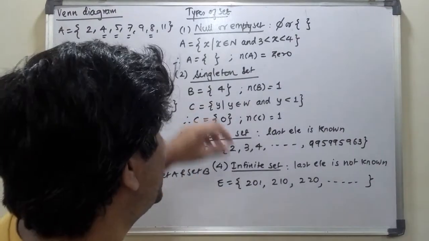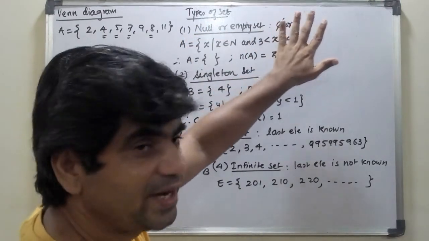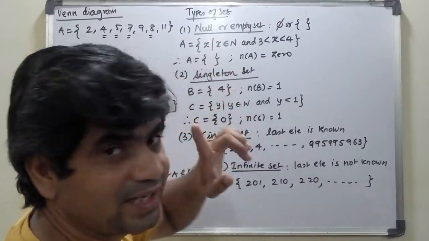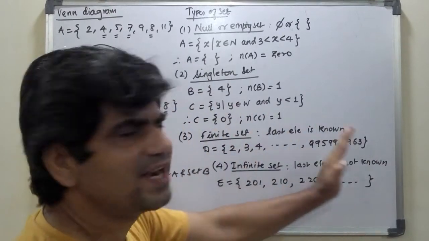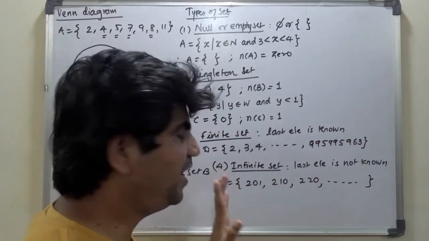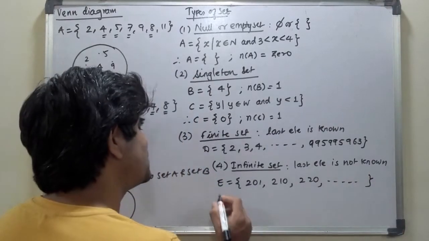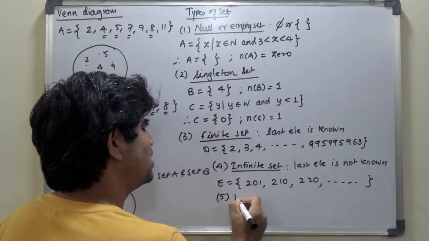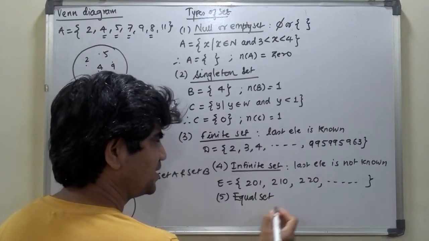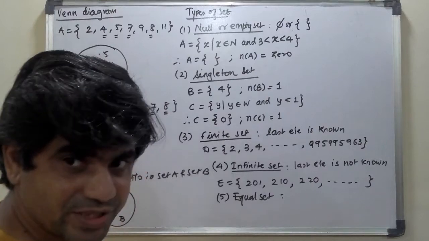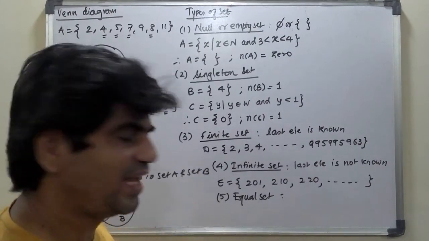Okay. So we have seen what is null set. Null set, no element. Singleton set, one element. Finite set, ends somewhere. Infinite set does not end. Okay. Now let us go to an interesting set, that is equal set. The set in which actual elements are same.